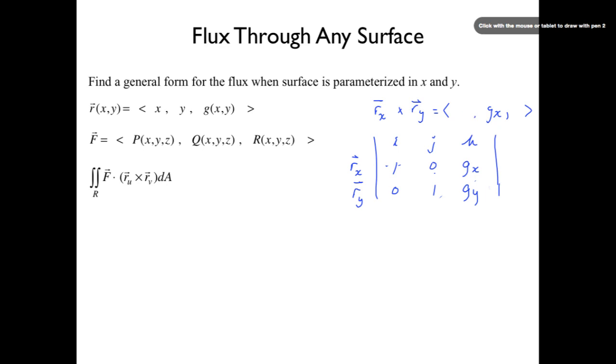So the cross product is going to be negative gx, negative gy, and 1, right?